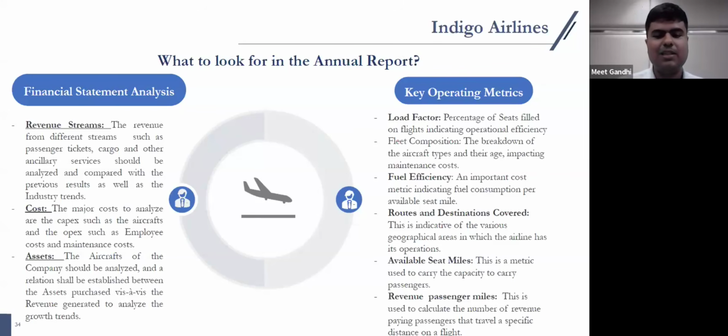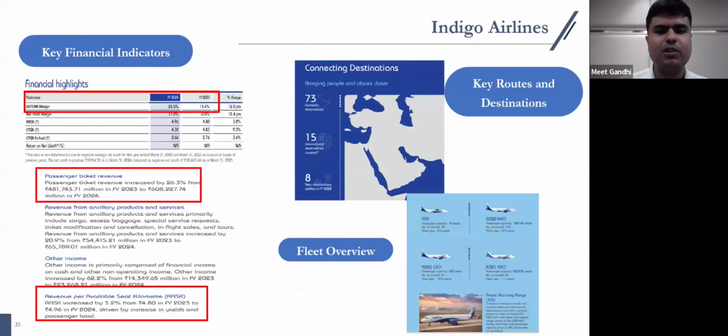We could see the available seat miles, which is the capacity to carry passengers, and the revenue passenger miles, or revenue passenger kilometers, which shows how much revenue they are earning from each passenger traveling.